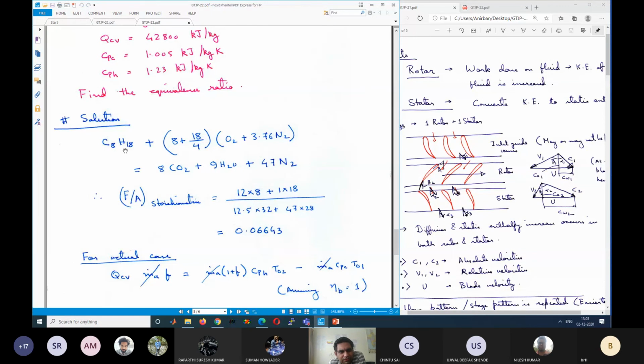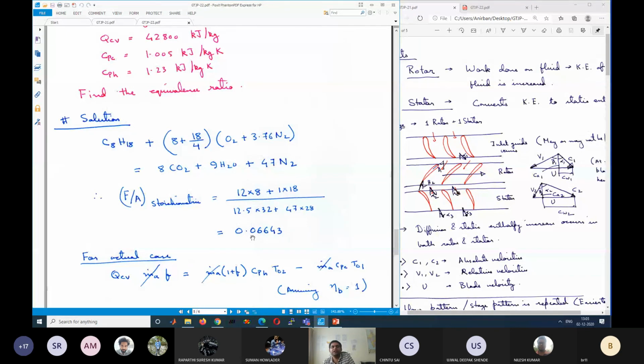For one mole of fuel, what is the mass of air? It is 12.5 into 32, the mass of oxygen, plus 47 into 28 for nitrogen. If you calculate this, you get the stoichiometric fuel air ratio, which is 0.06643.